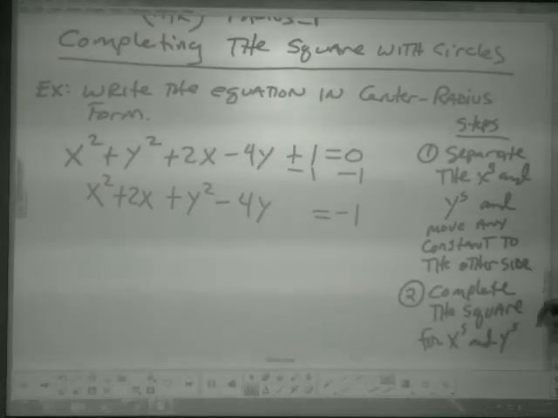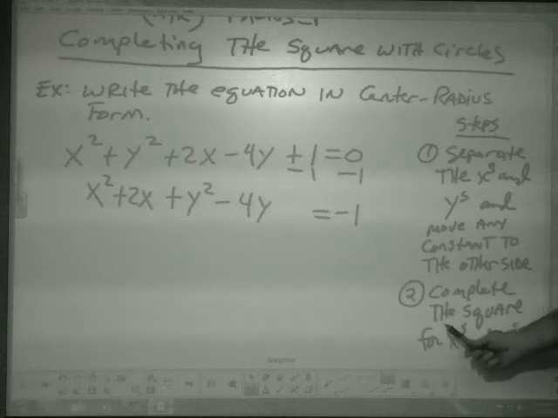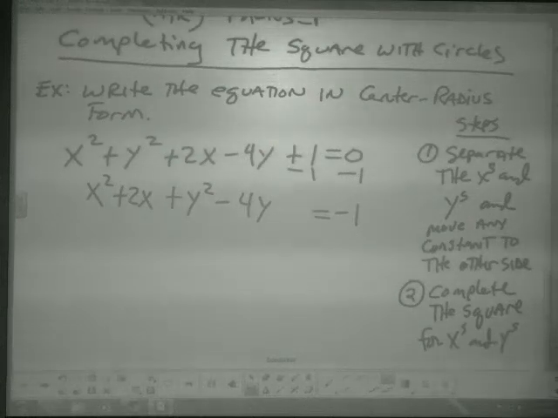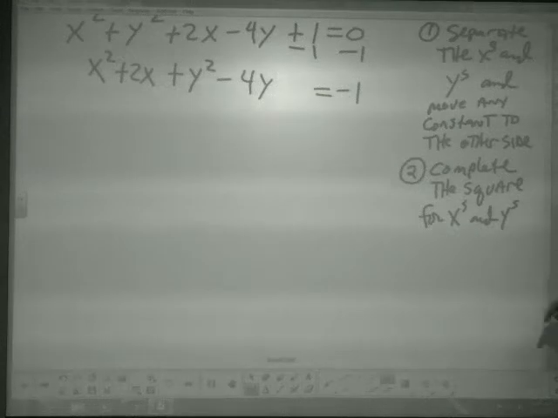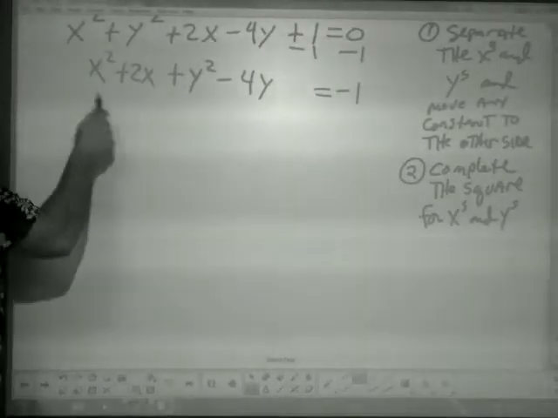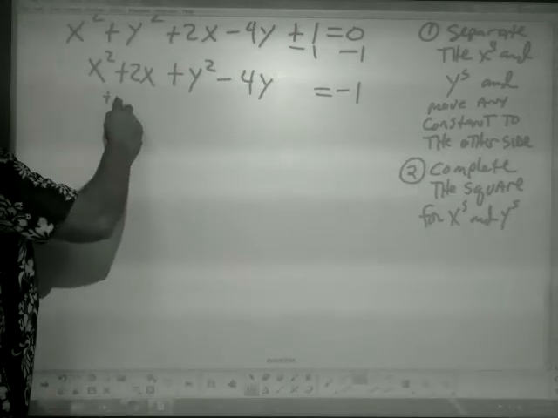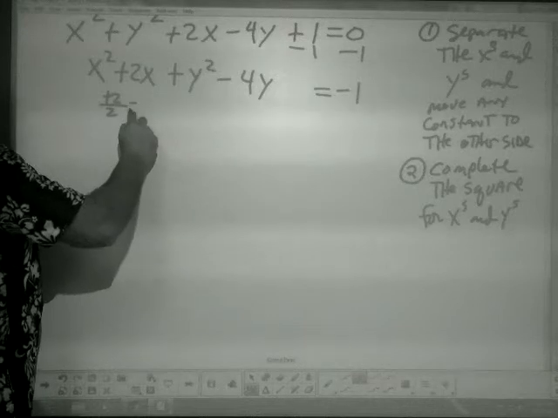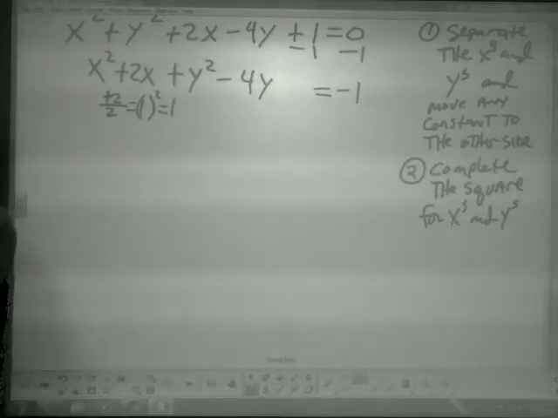All right. Now, complete the square separately for the x's and for the y's. So you're going to go through the completing the square process, but you're going to treat them like two separate problems. So I'm focusing only on the x's. Half the b term. Well, I got a positive 2 divided by 2 is 1. 1 squared is still 1.